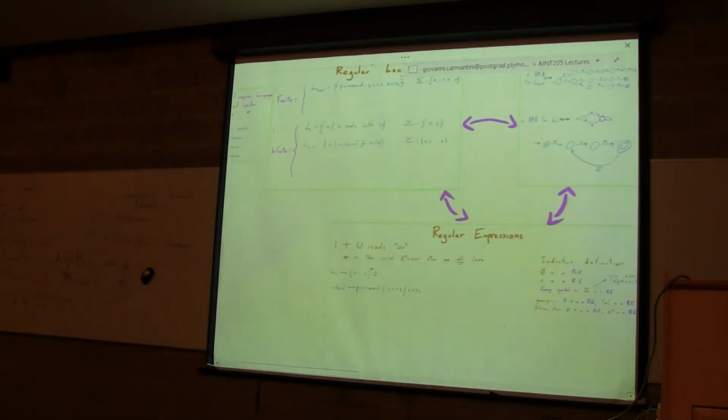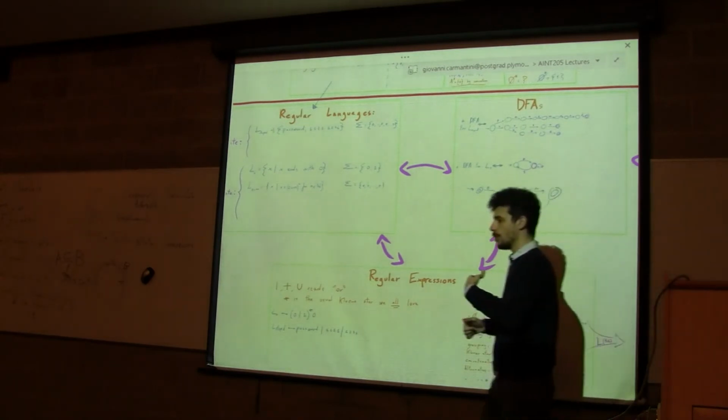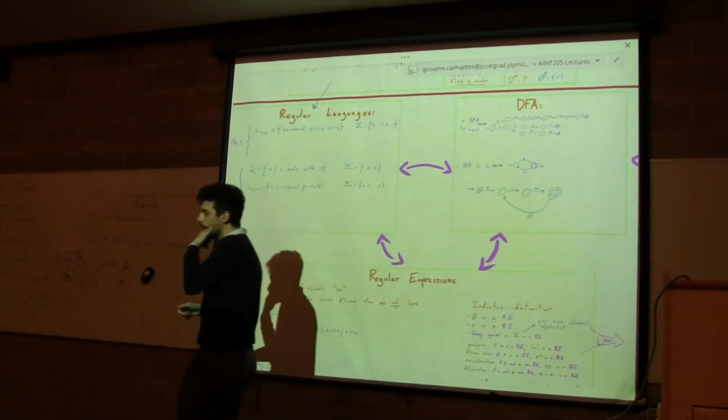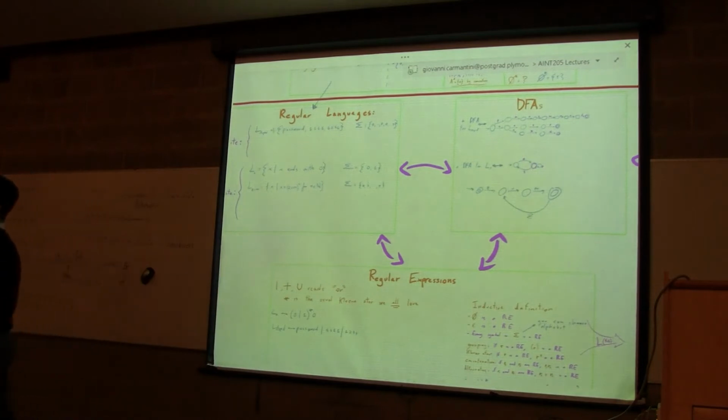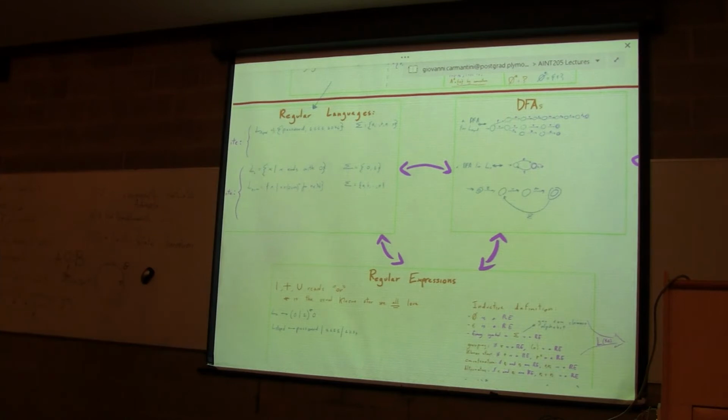So this is the relation we're talking about. As I told you, a regular language is like a set of the solutions of your problem which have this regular structure. The regular language is the most primitive, let's say, the most important object.